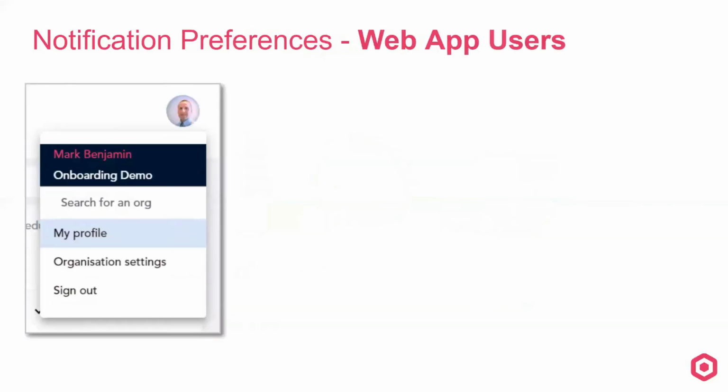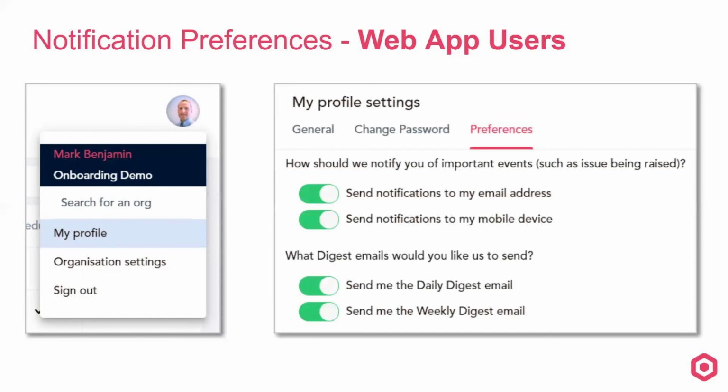So they're the notifications. How do you control which ones you want to get and whether you want to get them by email, in-app or push? Well, if you're a web app user, then you click on your icon at the top right of the screen and select My Profile. Then move over to the Preferences tab and you can choose, do you want notifications sent to your email address, yes or no?